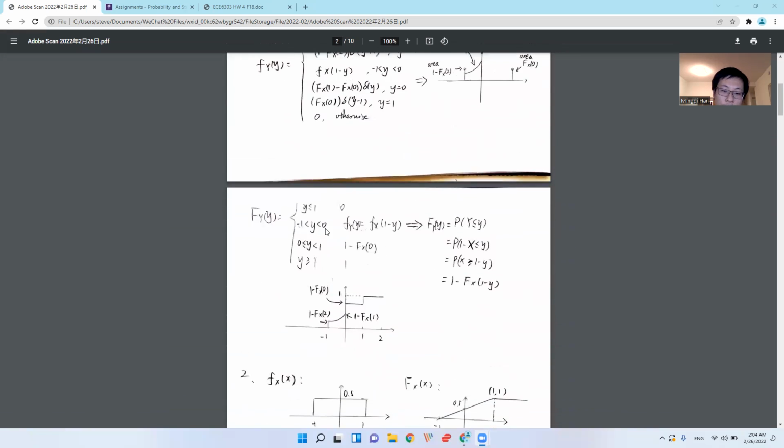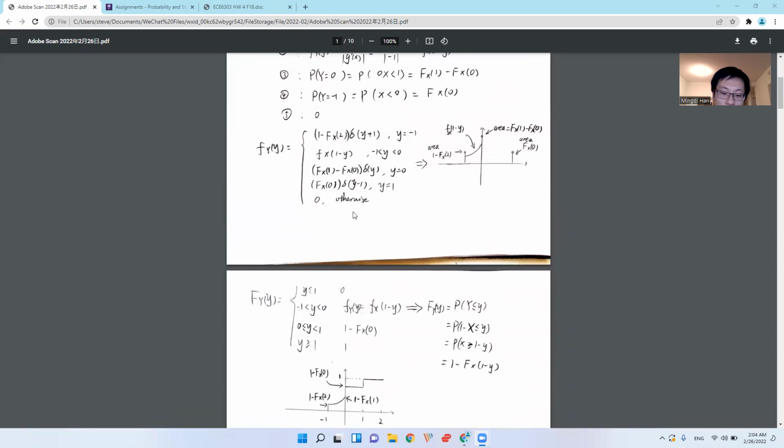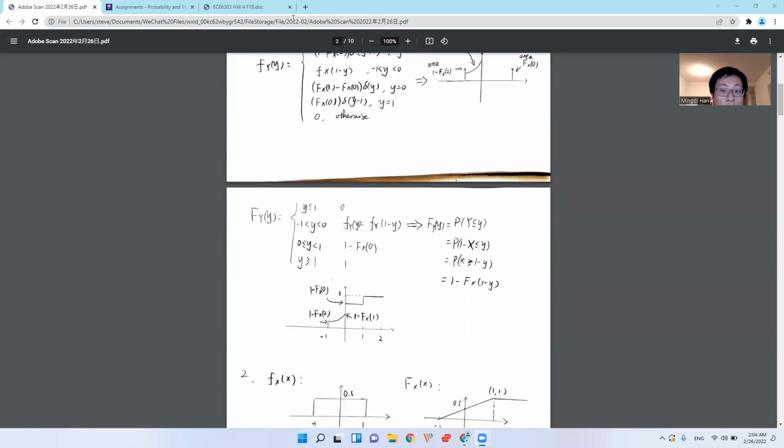The distribution function of y is relatively easier after we get this. This and this are really easy to get because they are defined over here, right? Anything below this would be 0, and anything beyond that would be 1.